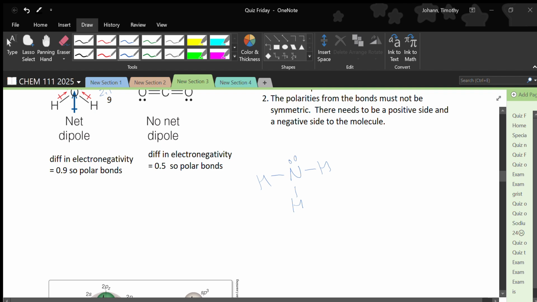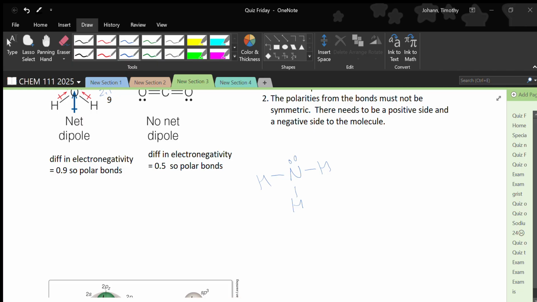I've got 4 things around the center atom, so its electronic geometry is tetrahedral. Its molecular geometry, it only has 3 atoms attached to the center atom, so it's going to be trigonal pyramidal. Essentially, this triangle of atoms is going to be pushed down by that pair of electrons sitting on top. This is trigonal pyramidal.